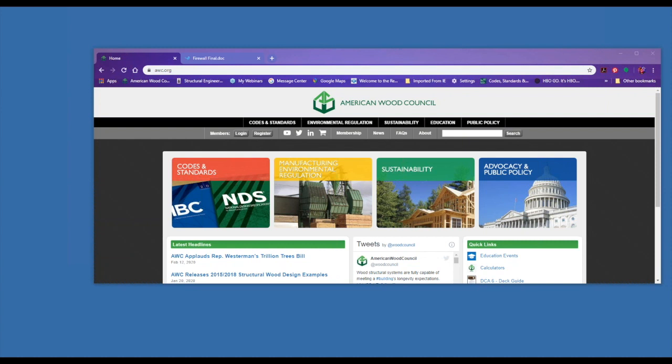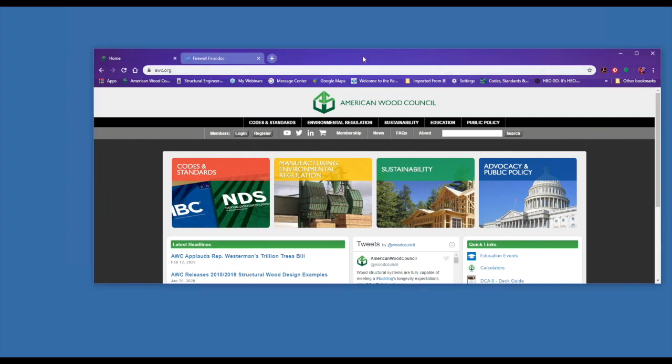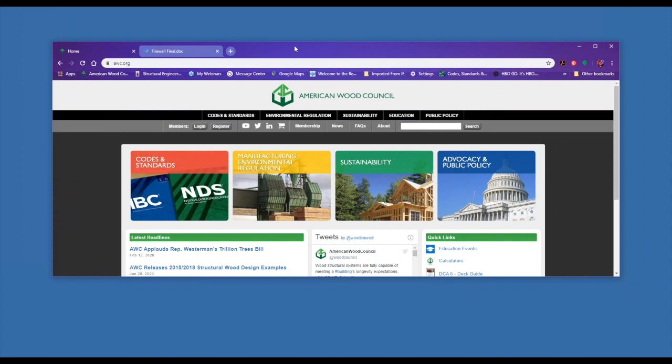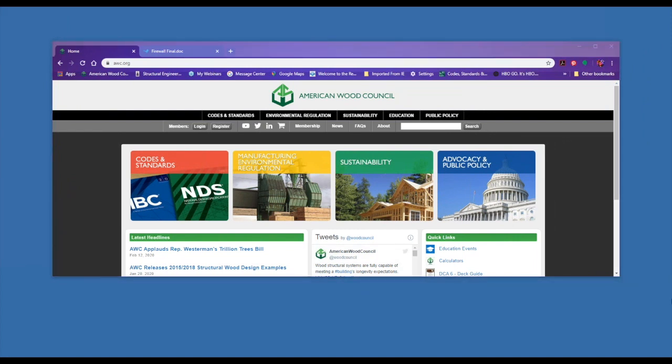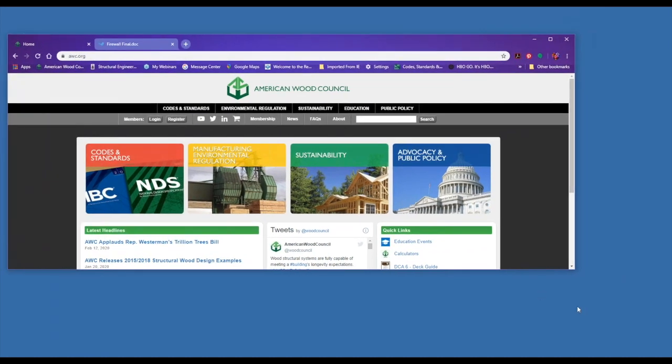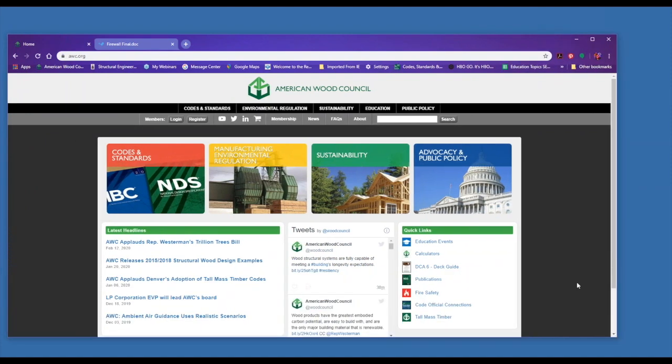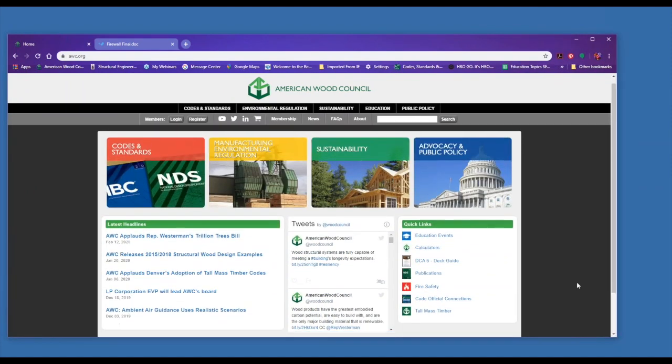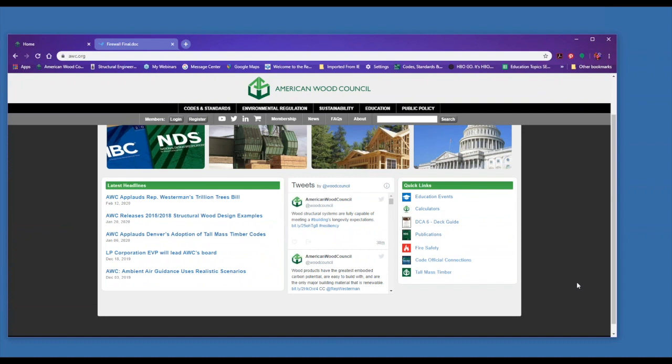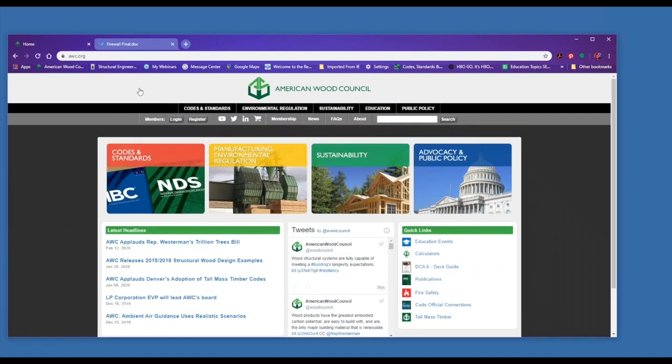We did have some really good questions that came in. One of them has to do with where can I find information related to mass timber? That is one of the areas in the construction industry where we're seeing a lot of growth, a lot of excitement with using mass timber products and what's going on in the industry, being able to go to 18 stories using mass timber.